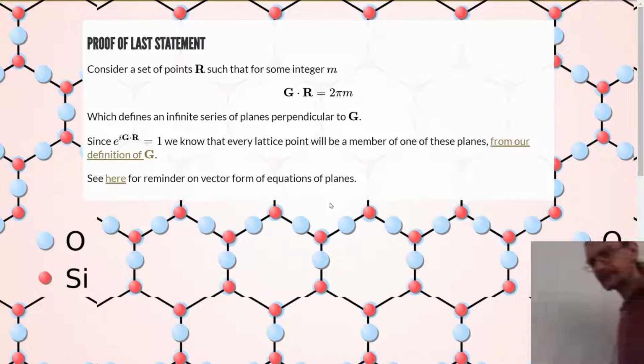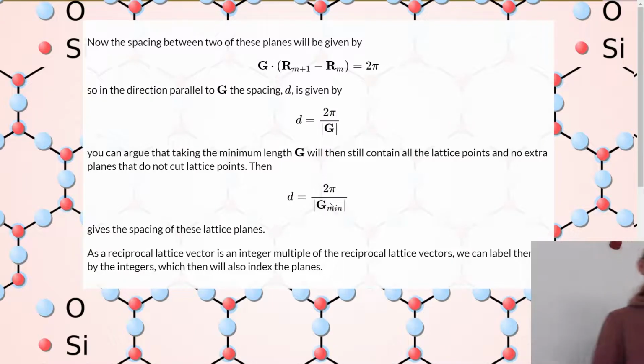So if we have any two points separated by one of our lattice vectors, we've got two planes called Rn plus 1 and Rn, and two points in those planes.